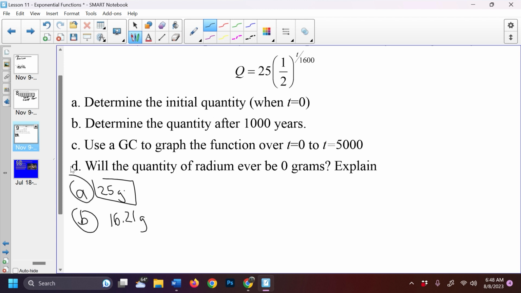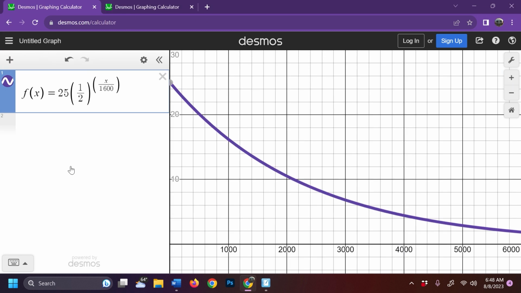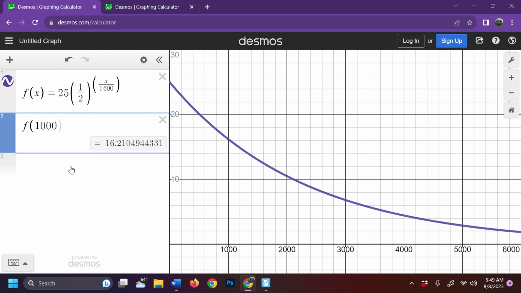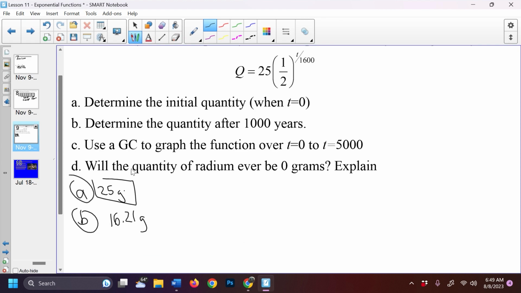And if we wanted to get a little bit closer than that, what we could do is go f of 1,000 and 16.204. So if I put a 0 there, I'll have it accurate to 3 decimal places.